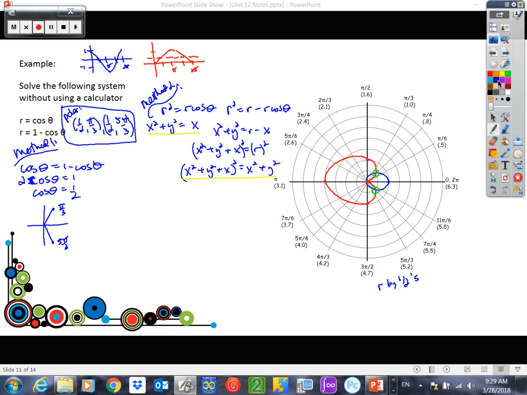So we want to look at the two equations and see if they have anything in common that would help us shrink one or the other equation. And if you'll look, this equation says that x squared plus y squared is x. So what I'm going to do is substitute this equation into this one by using this relationship. I'm going to change every x squared plus y squared into an x and solve.